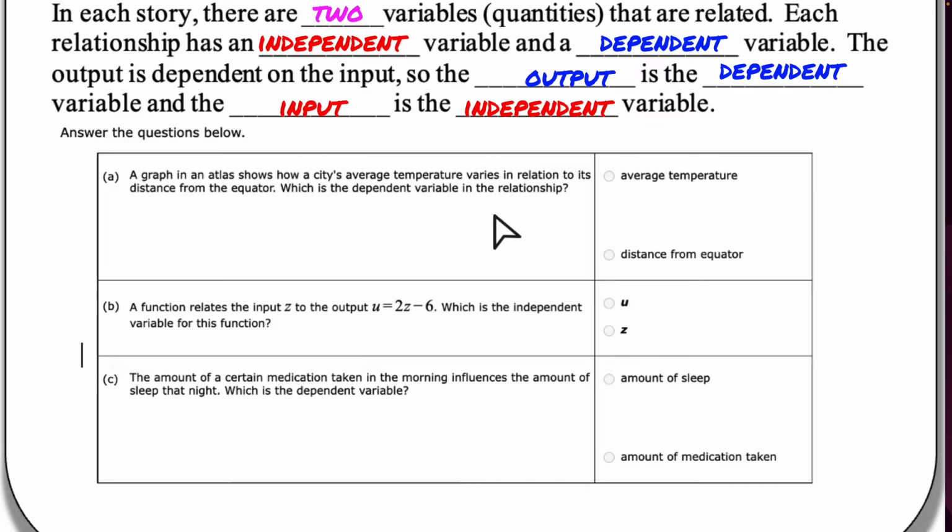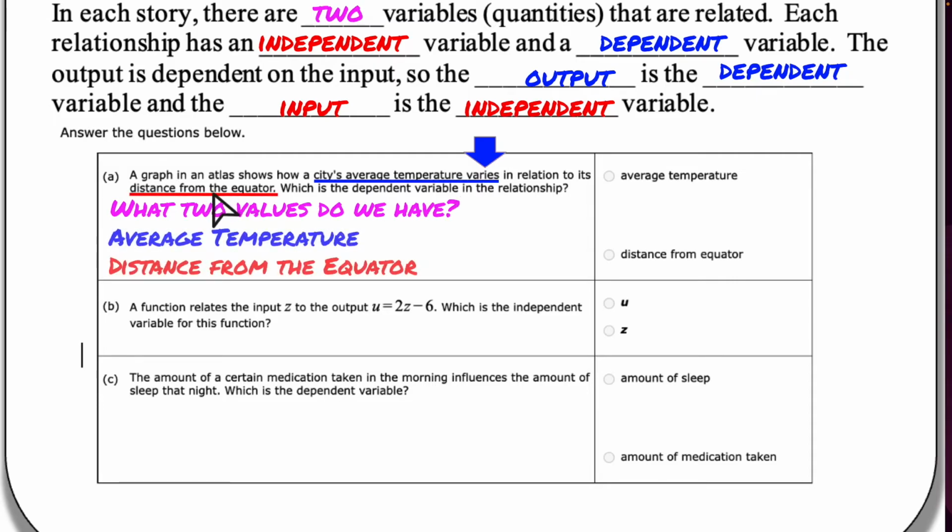Okay. So a graph in Atlantis shows how a city's average temperature varies in relation to its distance from the equator. Which is the dependent variable in the relationship? So what two values do we have? We have average temperature and we have distance from the equator. So these are our two variables. To be dependent, the average temperature is going to depend. It varies in relation to its distance.